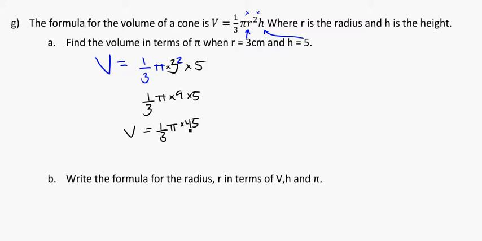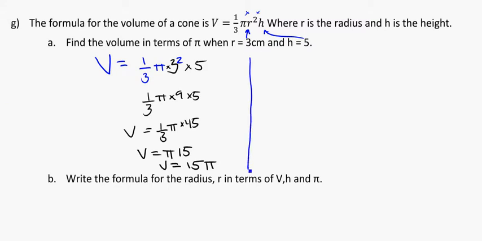What happens when I divide 45 by 3? Well, there are in fact 3 15s in there. So V is equal to pi 15. And by convention, we always write the answer with the number in front of the pi. So V is equal to 15 pi. And that's it. You're done.